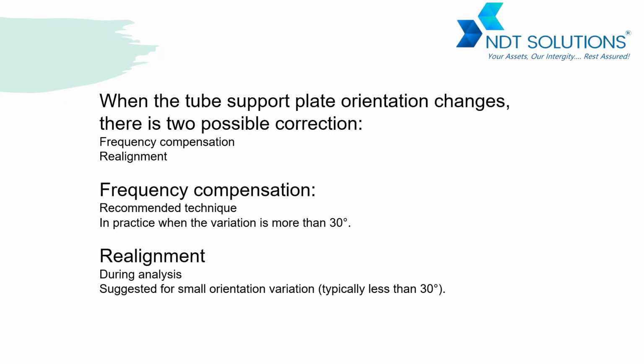We need to select a better frequency where it compensates all these kinds of variation in the range. That is called frequency compensation. We are compensating our frequency to keep all these variables in some particular range. There can be two types: the first one is frequency compensation, and the second one is realignment.